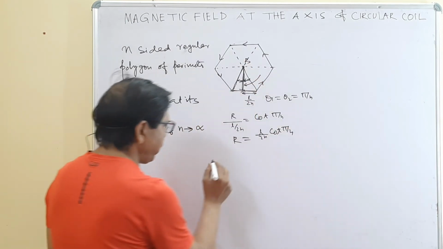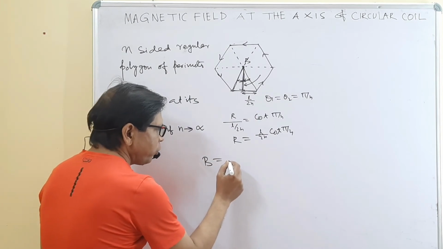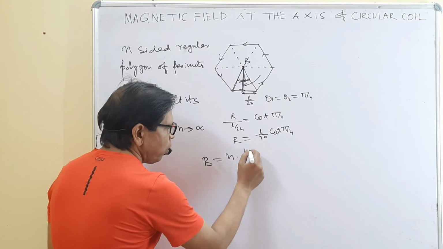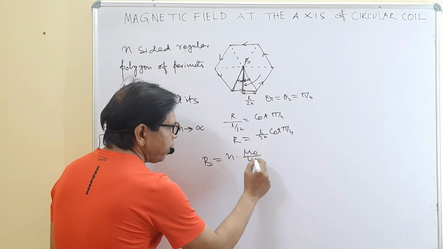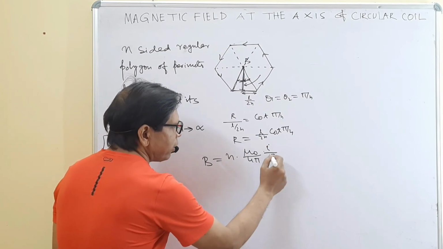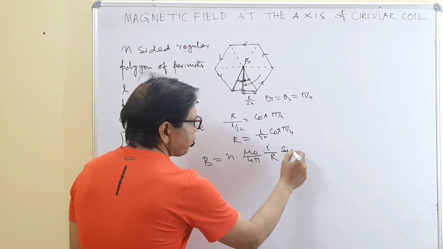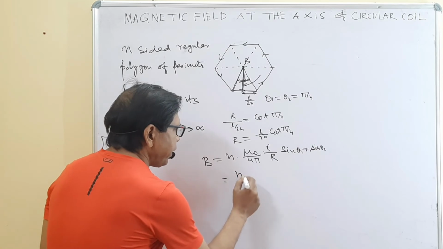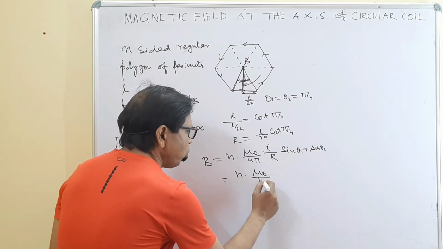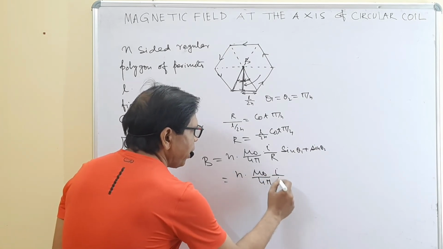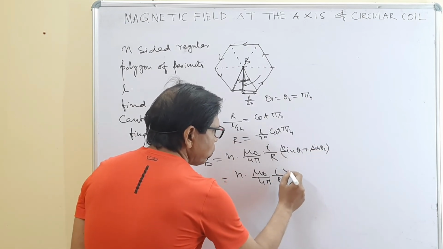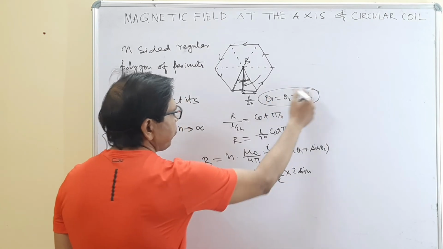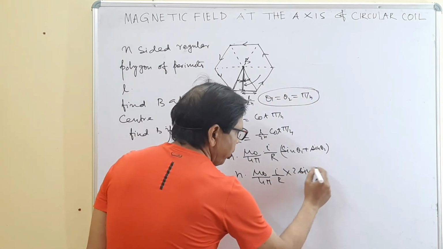Now the magnetic field B equals n into mu naught by 4 pi, into I by R, into sine theta 1 plus sine theta 2. Since theta 1 and theta 2 are both the same, this is 2 sine pi by n.